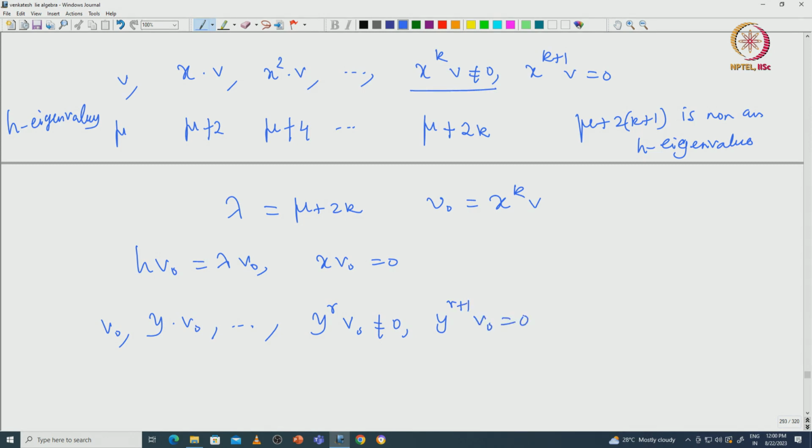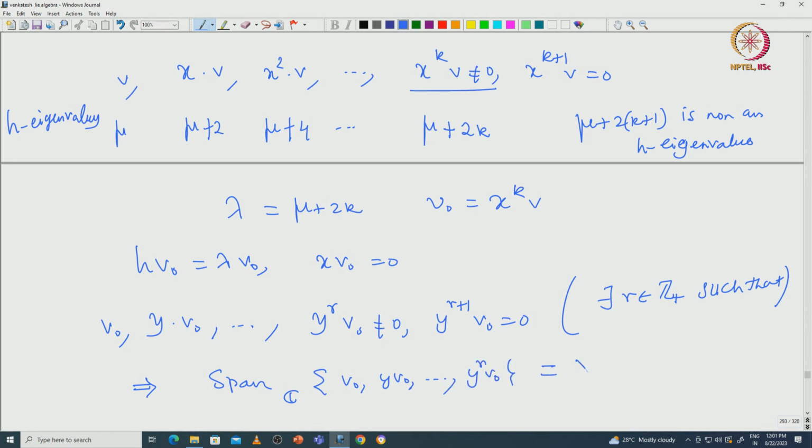Again using the earlier argument, there exists r in Z-plus such that this happens. We immediately saw that the span of v_0, y v_0, and so on up to y^r v_0 is indeed sl2 invariant. So, that makes this into the whole space because V is irreducible.